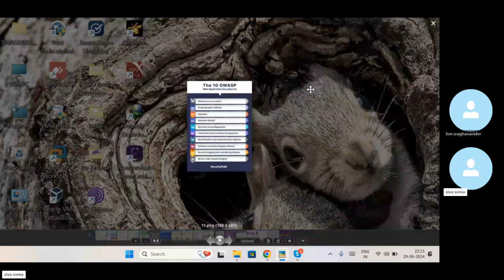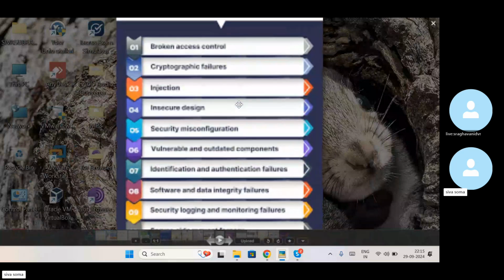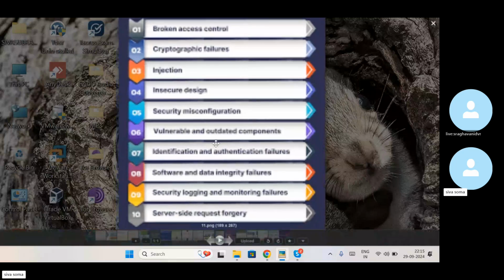We are going to look at the OWASP Top 10, which is based on application security. The first is broken access control, cryptographic failure, injection, and insecure design, security misconfiguration, vulnerable and outdated components, identification and authentication failure, software and data integrity failure, security logging and monitoring failures, and server-side request forgery (SSRF).